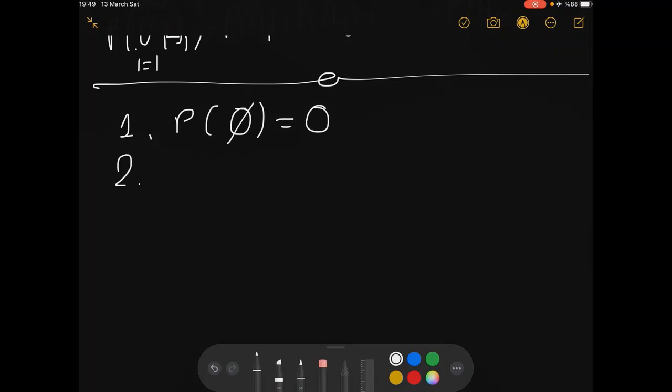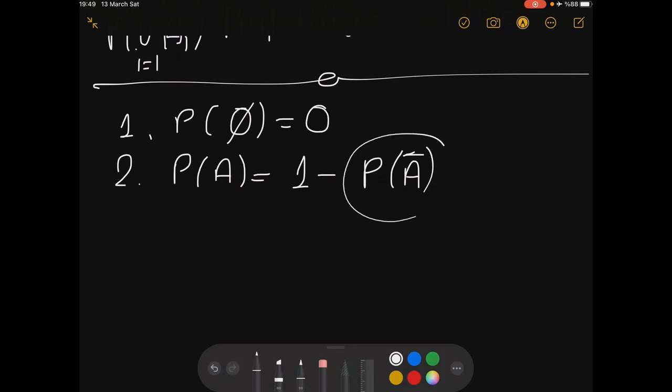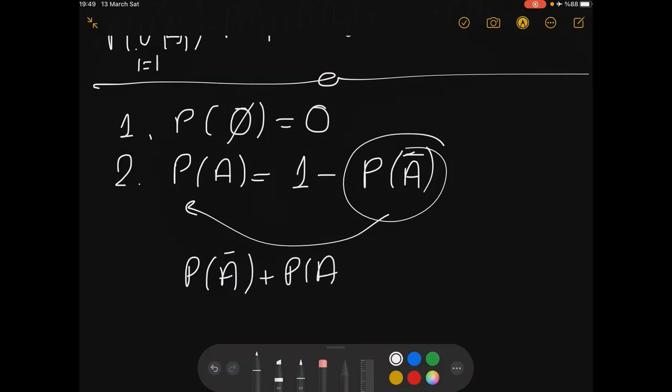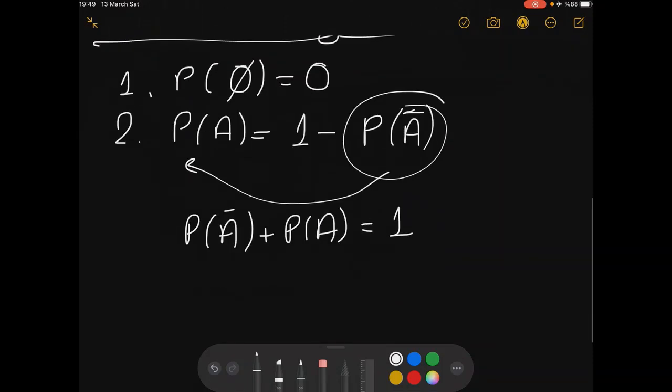And the probability of A equals 1 minus the probability of A complement. That's the idea. Now if you take this, probability of A complement plus probability of A would give you what? 1, so it means that this is your probability of the sample space, right? That's the idea.